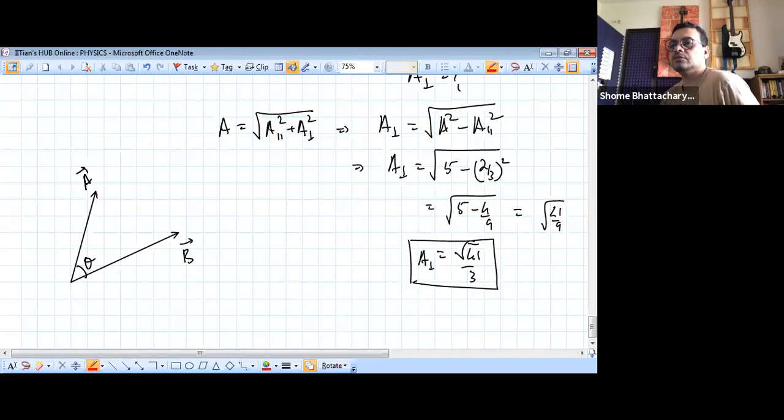Drop a perpendicular from A onto B. So this component is the component of A which is parallel to B, and this other component will be the component which is perpendicular. Understood now?